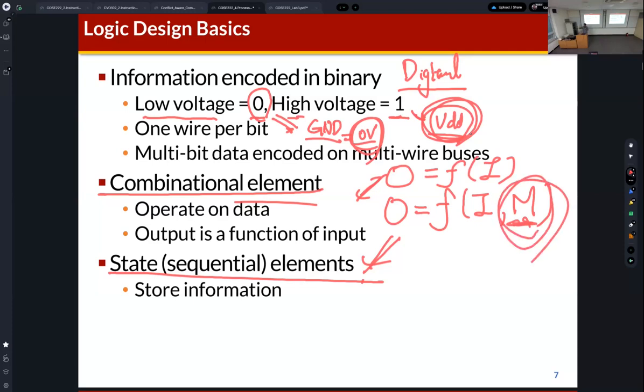States means the stored information. This is the definition of a sequential element. By combining sequential logic and combinational logic, we can build a digital system, a digital circuit.